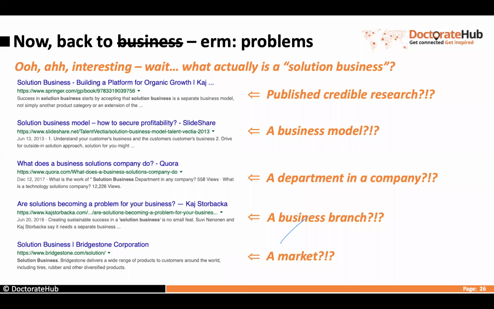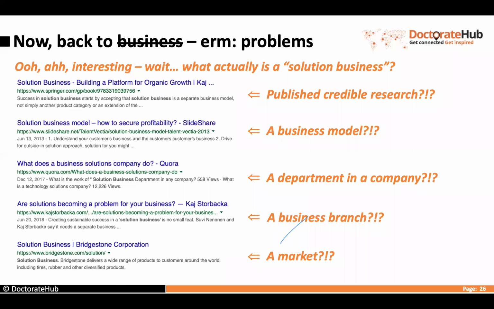But looking into them, none of these does really seem to make sense. What is a solution business? I mean, any type of business certainly would want to generate something that is working. So shouldn't be something to be talked about. But published research as a term, a business model, a department in a company, really? A business branch or a market? No, the 3 million something results that Google produced didn't make really much sense if you looked into them one after the other.